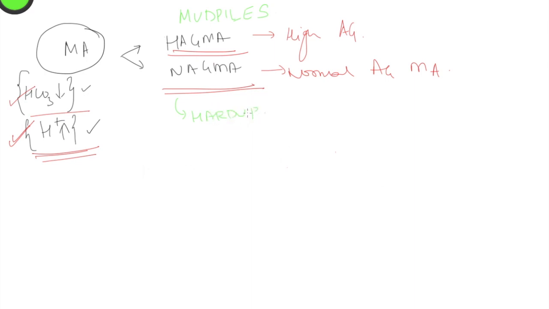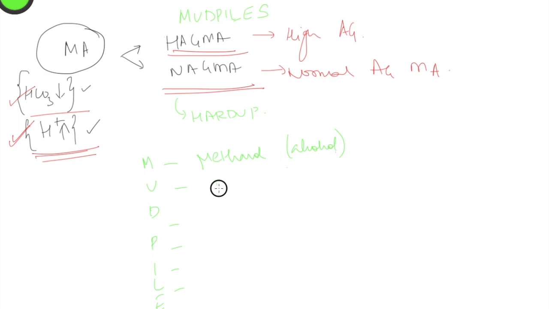Okay, so I'll just write down the mnemonic, MUD PILES. Okay, so what does this stand for? M is methanol, basically alcohol intoxication.